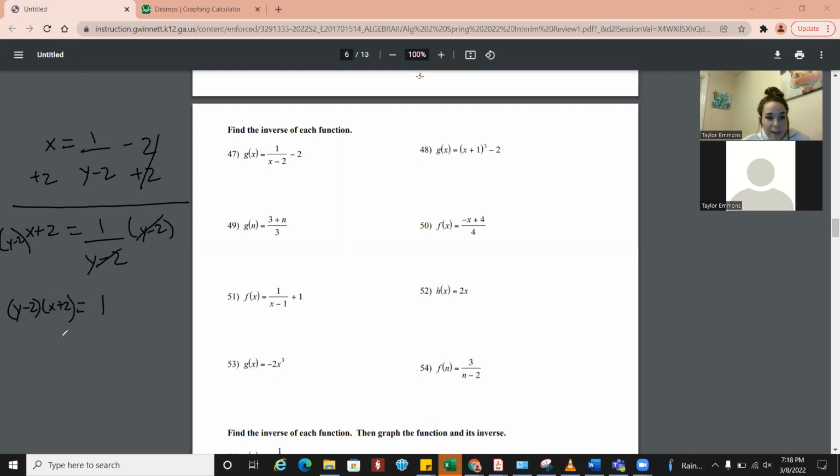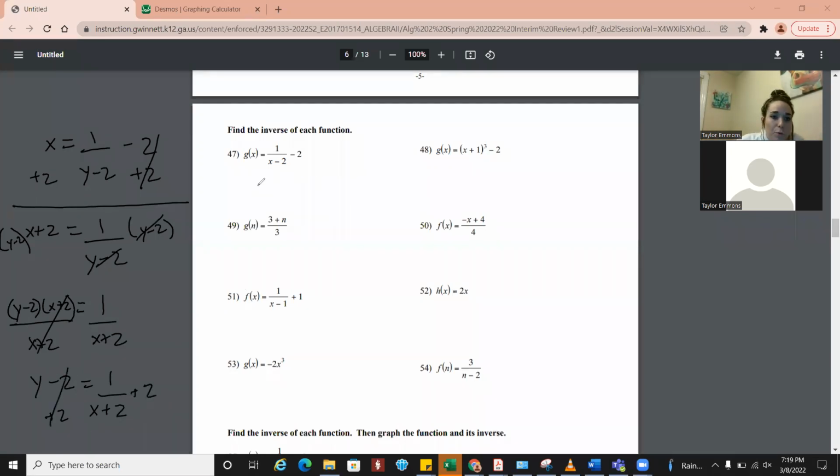And our goal is to get that y by itself, so we're going to divide by x plus 2. This will give me y minus 2 equals 1 over x plus 2. Still want y by itself, so we're going to move that 2 to the other side.